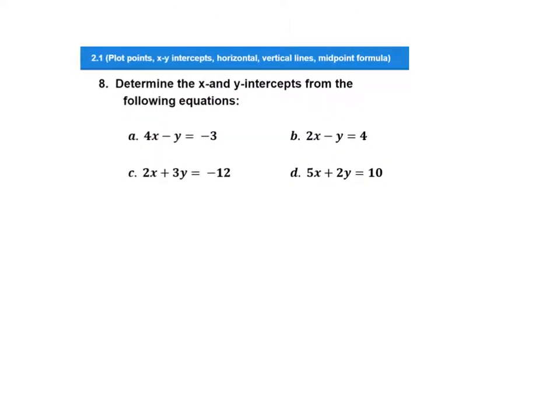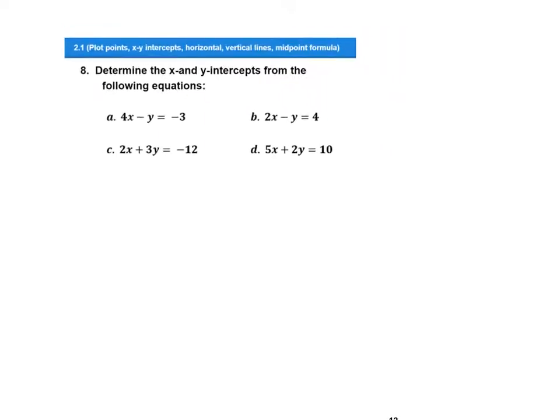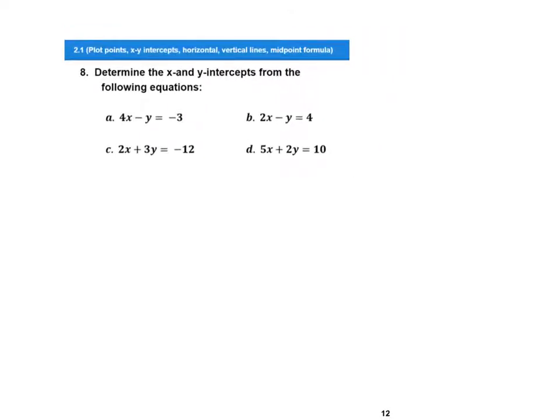So I want you to determine the x and y intercepts from the following equations. So we'll have 4x minus y equal 3.